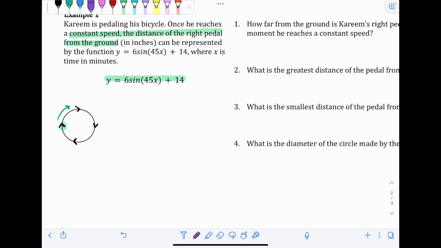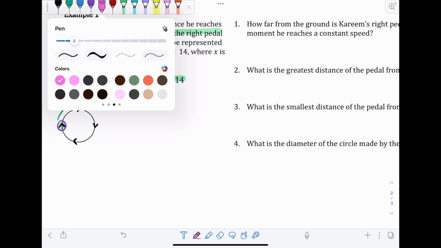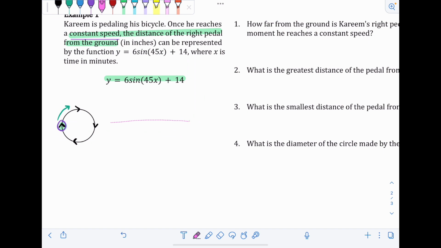This is the point where he is hitting his constant speed for the first time. And then I want to take this circle that the pedal's moving in and draw a little sketch of a graph off of it. So it'll just be a sine graph. I'm going to draw a midline. I'm not going to worry about labeling anything yet.